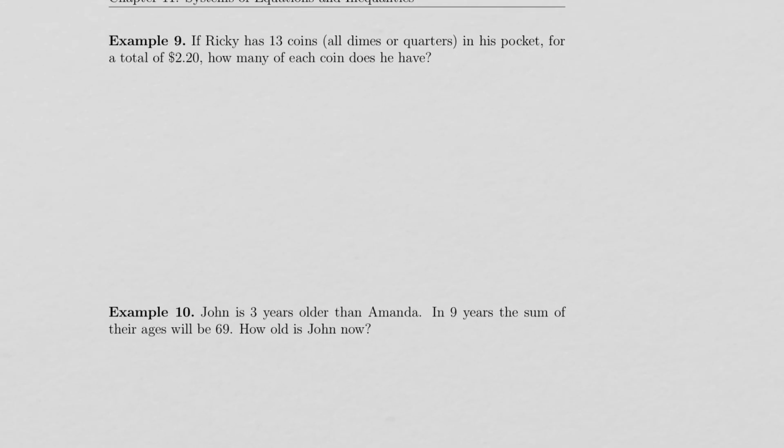It says, if Ricky has 13 coins, all dimes or quarters, in his pocket for a total of $2.20, how many of each coin does he have? So again, create variable names. So we want to figure out the number of quarters and number of dimes, right? So let's say Q represents the number of quarters, and then D represents the number of dimes.